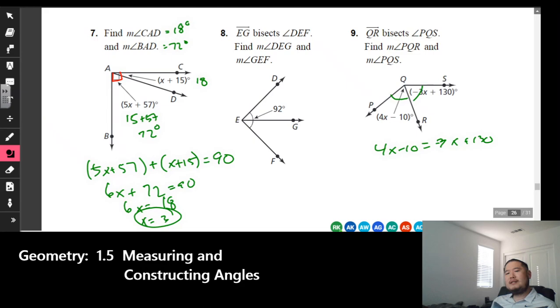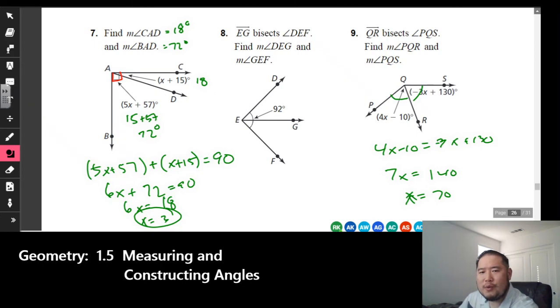You solve for x, and I get x is equal to 70. But did you find your answer? No. Make sure you plug it back in to get your answer for angle PQR and angle PQS. And that concludes 1.5.